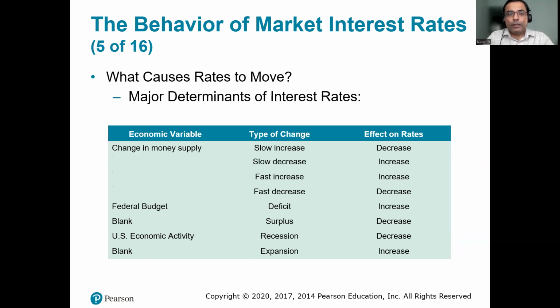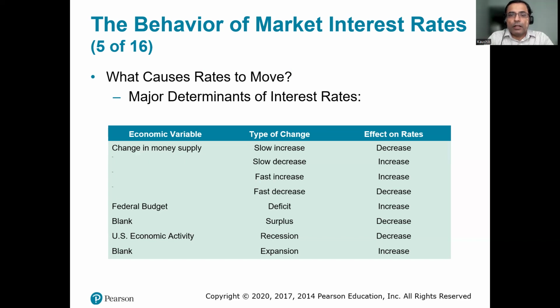If the money supply in the economy increases slowly, that will decrease the interest rates. If the money supply decreases gradually, it will increase the interest rate. More money supply means more funds are available, so interest rates go down.